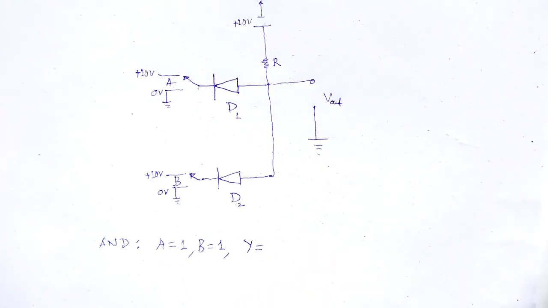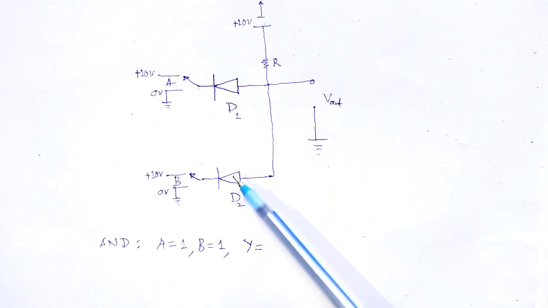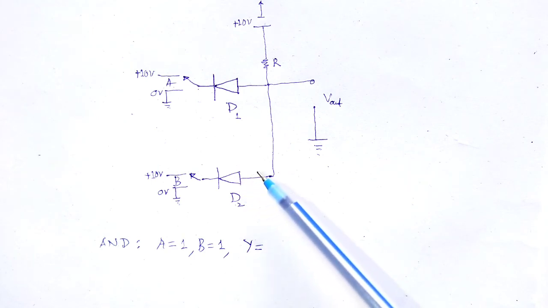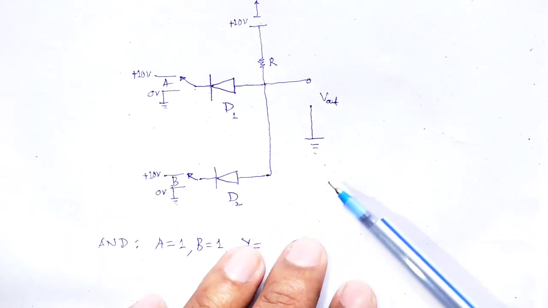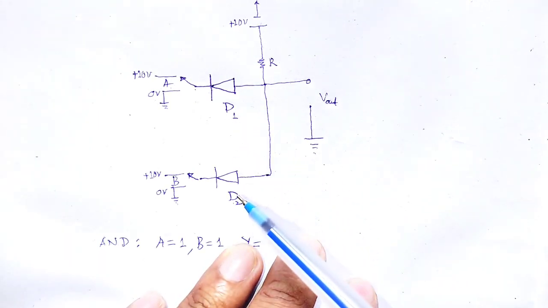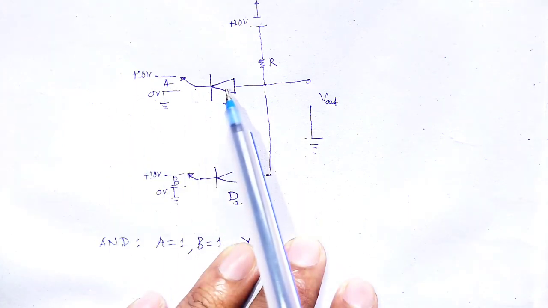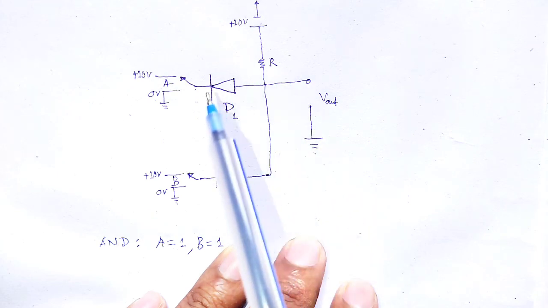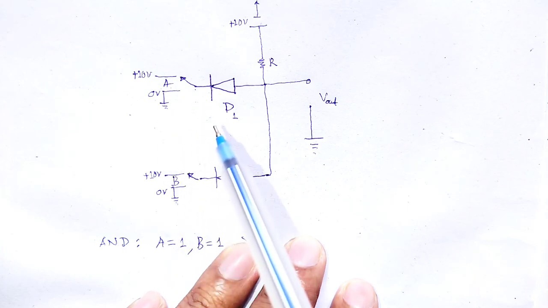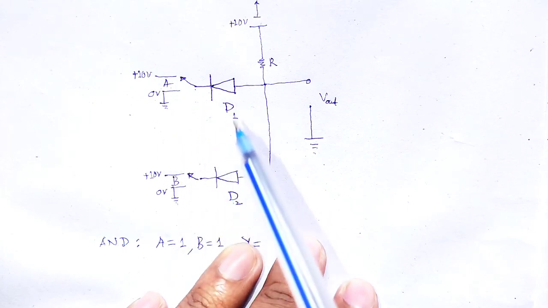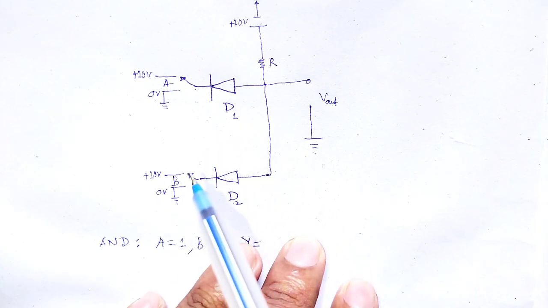Here both D1 and D2 are reverse biased. The anodes of the diodes are connected to ground through the resistor R. Both the high inputs set the reverse biasing for that of diodes, and both are switched to off position.